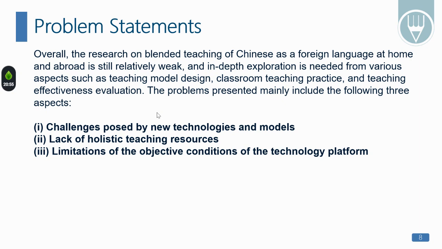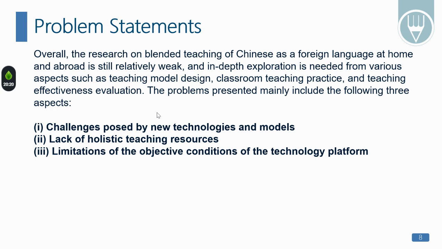Problem statement: overall, the research on blended teaching of Chinese as a foreign language at home and abroad is still relatively weak, and in-depth exploration is needed from various aspects such as teaching model design, classroom teaching practice, and teaching effectiveness evaluation.